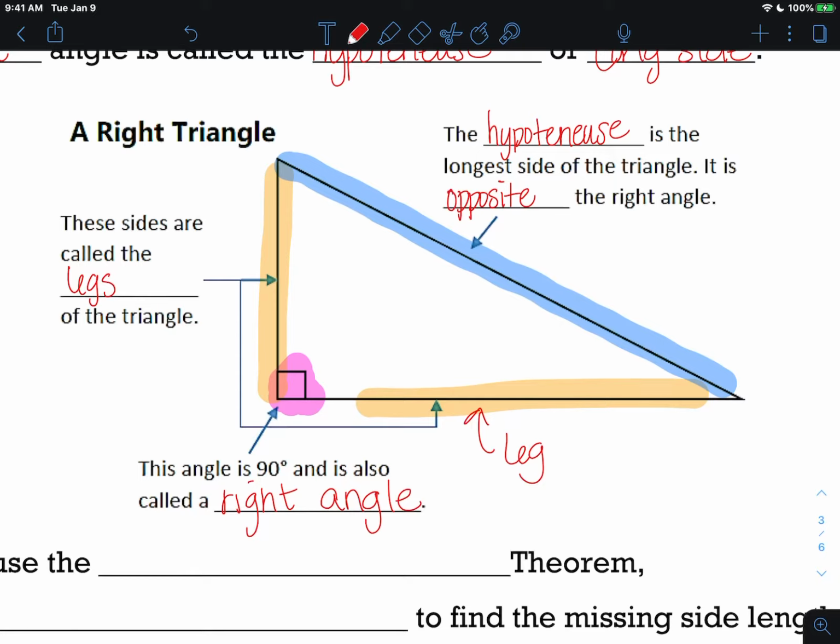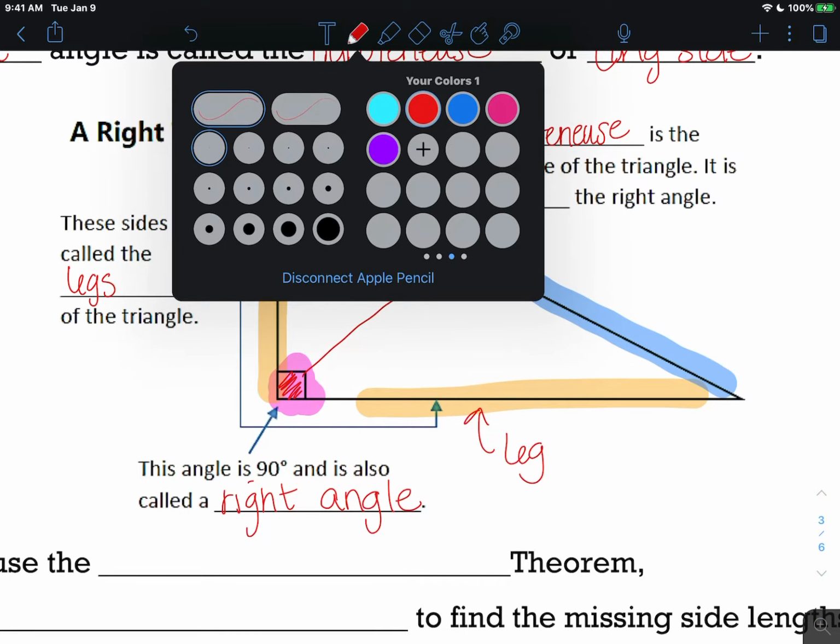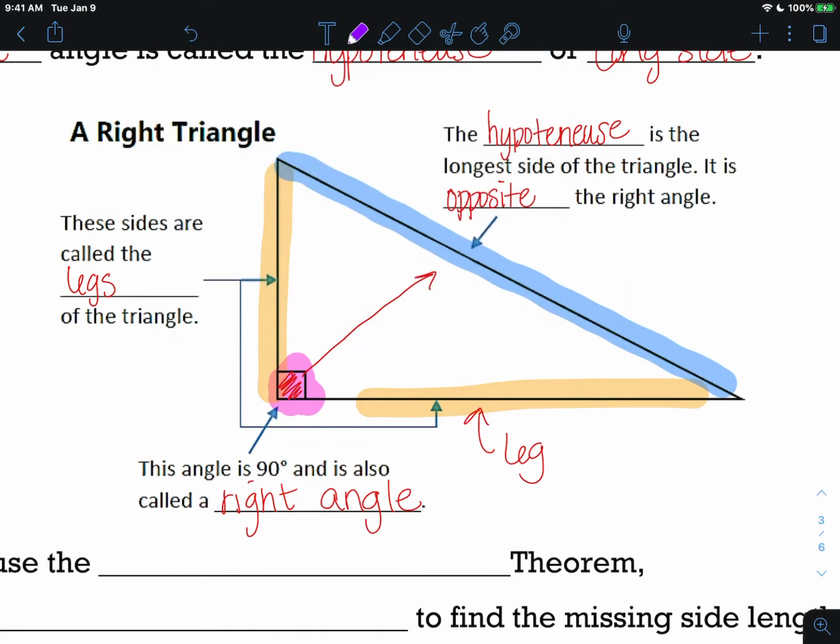Well, whenever I come across a right triangle, I always look for my box, and opposite to it is my hypotenuse. Most of the time, we like to name these with letters. The one that's the longest is always C. And my legs, A and B. It doesn't matter who's A, who's B, as long as the legs are A and B.